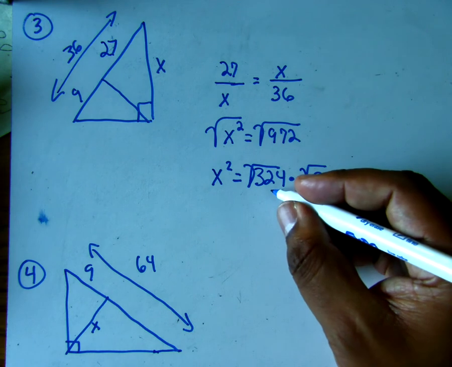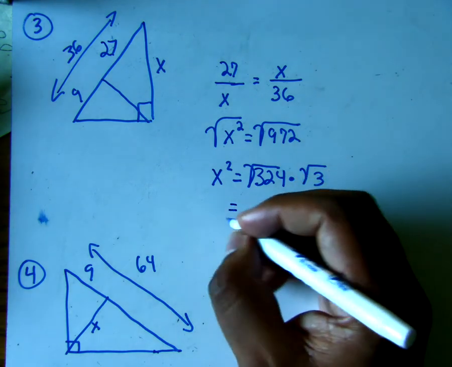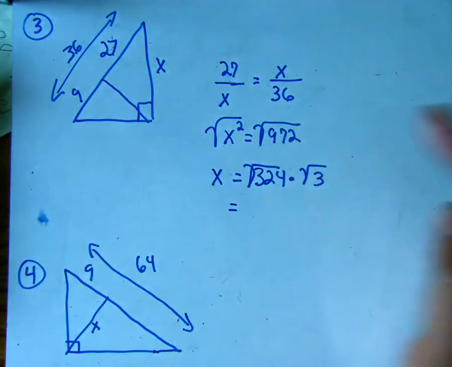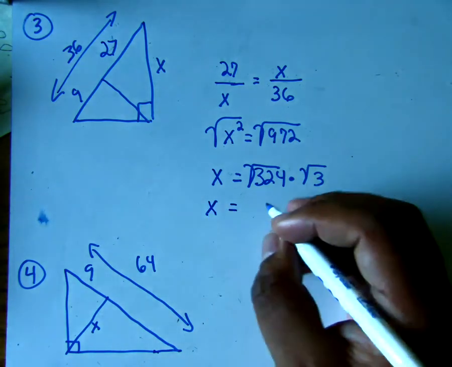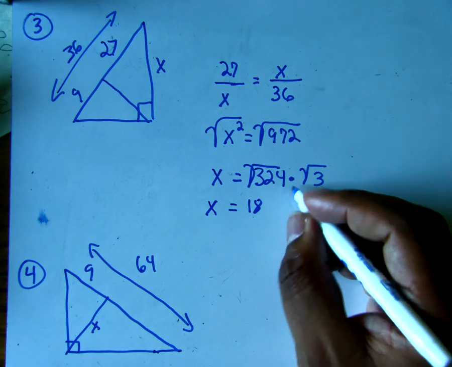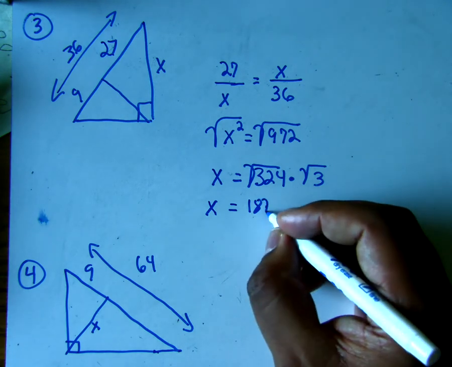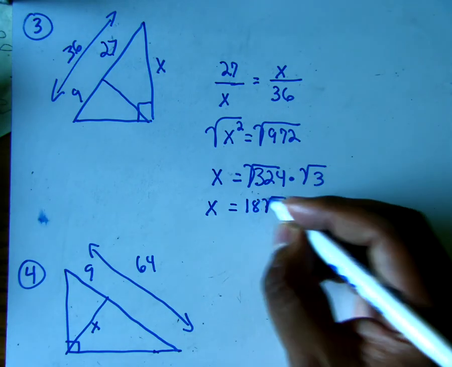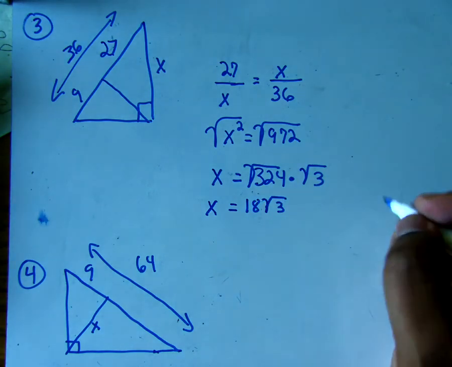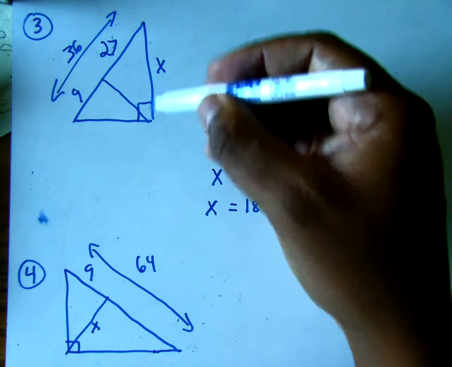And once you take the square root of 324, this is gone now. That's going to leave you with 18 times the square root of 3. So this will just be 18 square root of 3 for my answer. So that's the value that we have here for this leg.